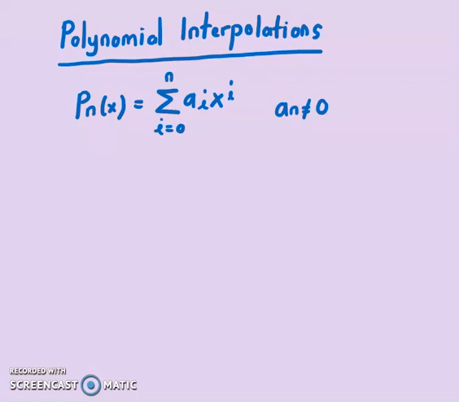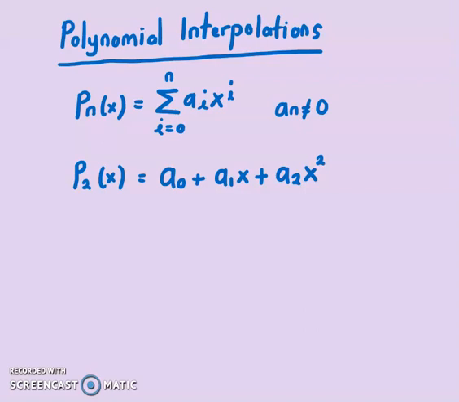For example, if I have a polynomial of degree 2, I can write this as a0, where x to the power of 0 is 1, plus a1 x to the power 1, up to n, my n is 2 here, so plus a2 x^2.